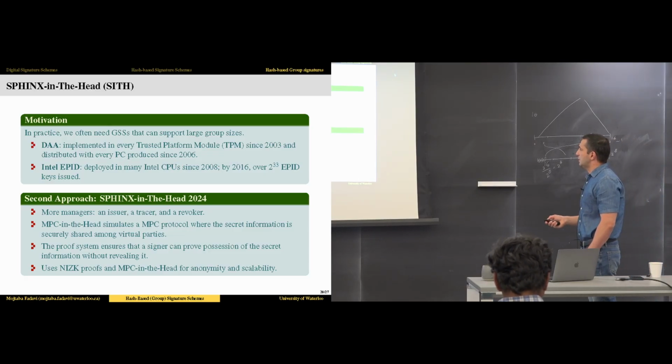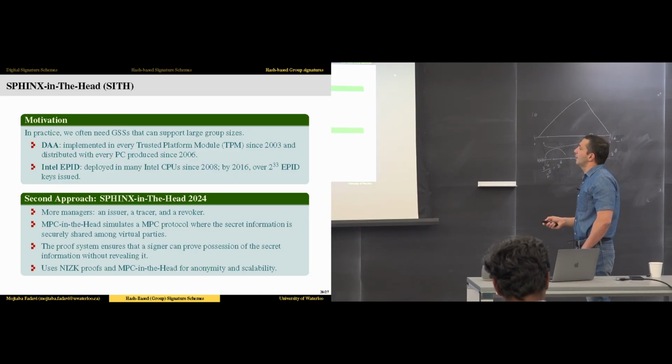But in this scheme, they have several managers. Their security model is stronger. They have several managers, one for issuing secret keys, one for tracing users, and one for revoking. Their security model is stronger, but their algorithms are still inefficient.